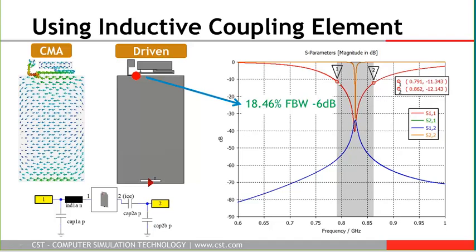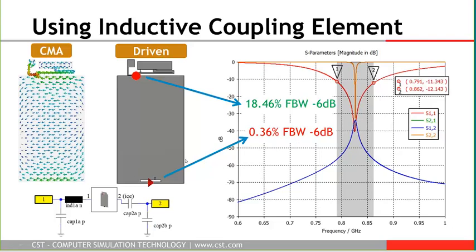So in the whole band of interest, it has very low reflection coefficient. But this coupling element, or the antenna created by the coupling element, is very narrow band. So it's only 0.36 dB. You can see the orange curve, which has very narrow resonance.